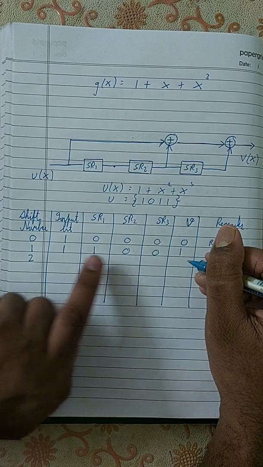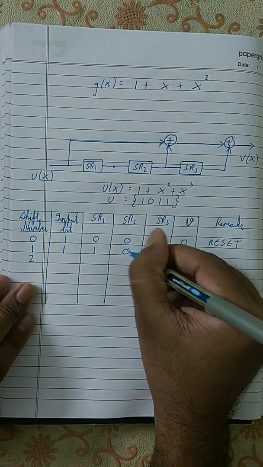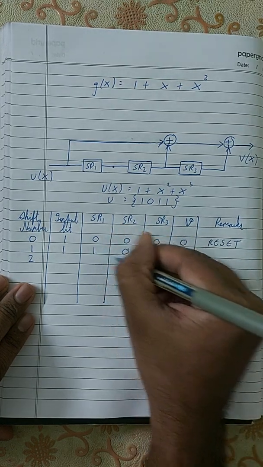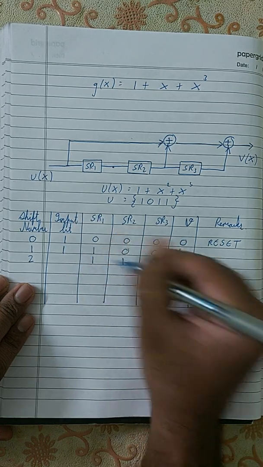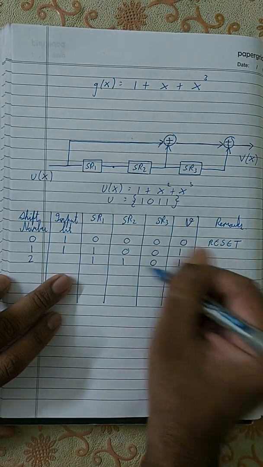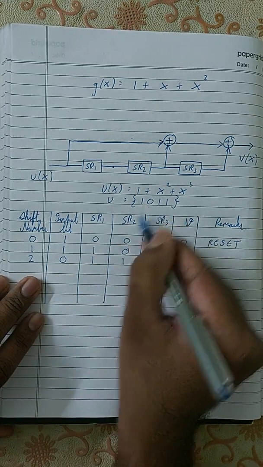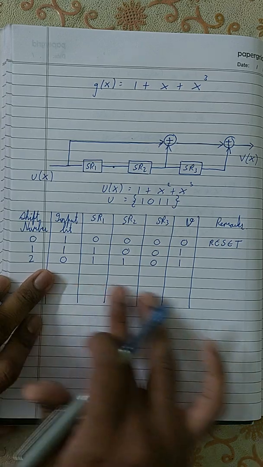So 0 plus 1 is also 1. This 0 will be shifted here, this 1 will be shifted here, this 1 will be shifted here, and the 0 will be shifted here, because the third bit you're going to transmit is 0. So this is how the working is.